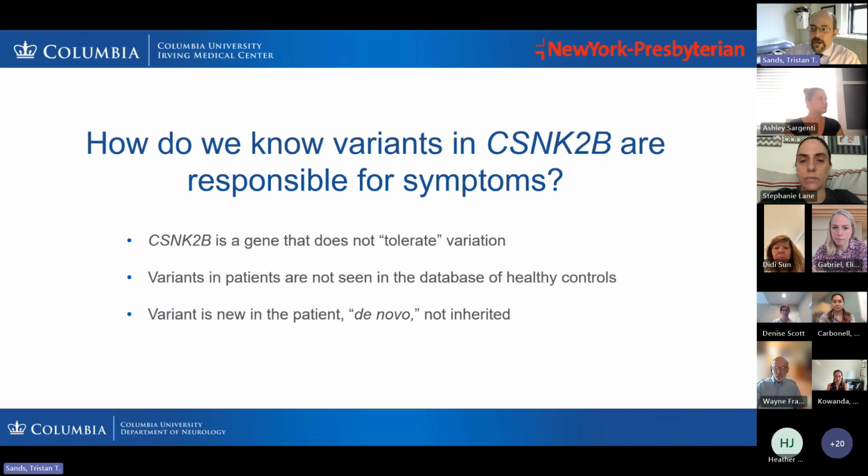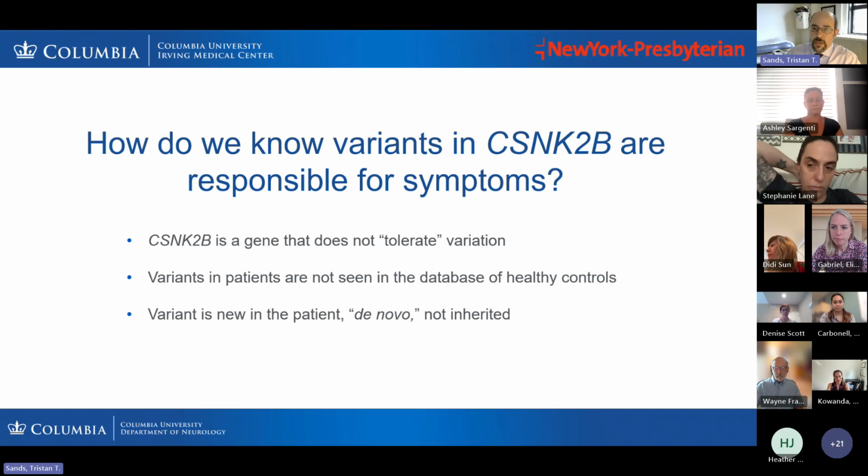And so the variants that we see in affected individuals, we don't see those in large databases of healthy control populations. And oftentimes, although there are exceptions to this that we're going to talk about, it's a new change in the gene.